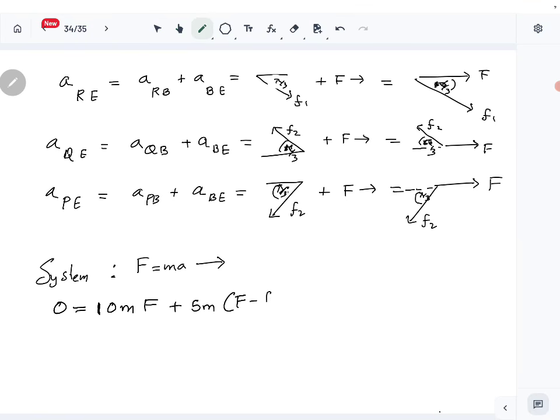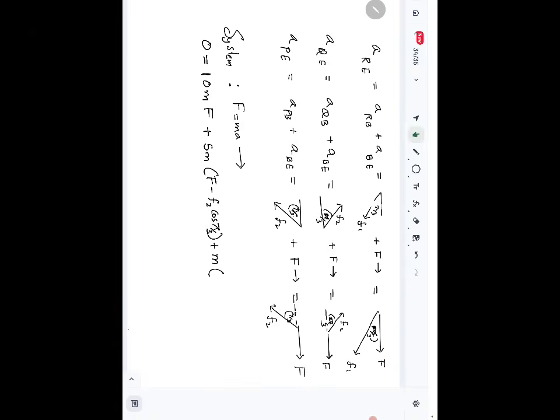F minus F2 cos pi over 3 plus then I will move on to particle Q, which is 5m to the right. What is the answer? F minus F2 cos pi over 3 again to the right, the acceleration.